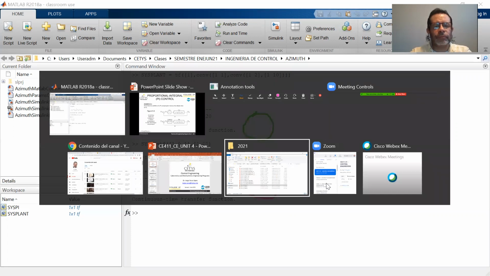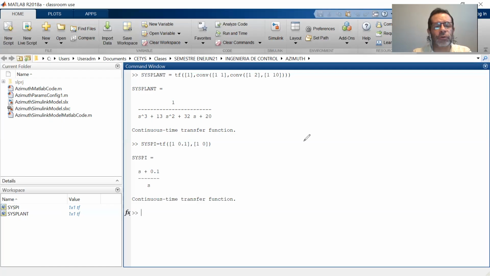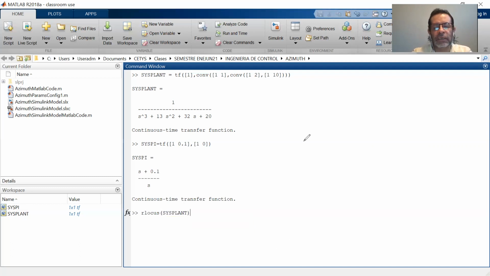First, let's trace the root locus of the system without the compensation, without the PI controller, and let's look at the root locus of the system that does have the control. Let's see how these look, how different they are. So the first root locus that I'm going to do is the root locus of the system with only the proportional controller.